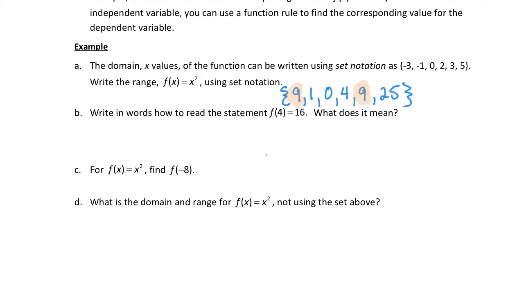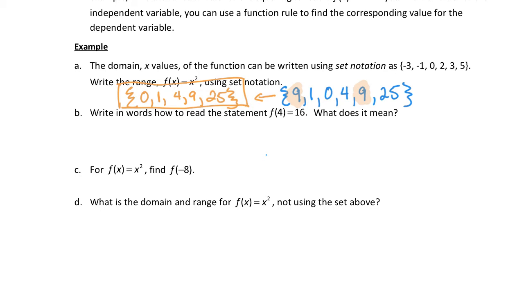While it's not 100% incorrect if you don't write them in order, it is better if you do. So the smallest is 0, then we've got 1, 4, only 1 9, and 25. So just remember, when you're writing your sets, you should not duplicate any numbers, and it is preferred if you write them in order. So this would be my correct range right here.